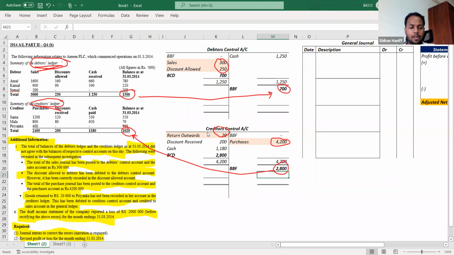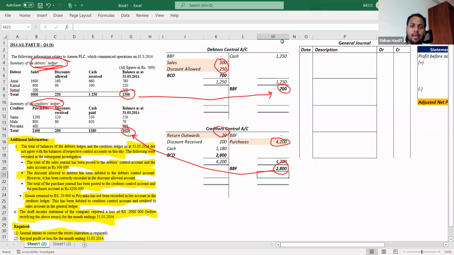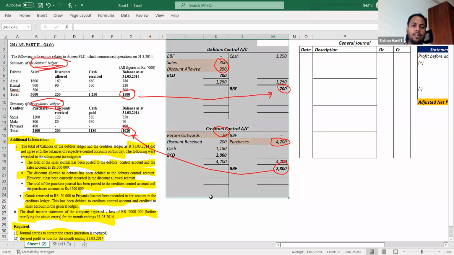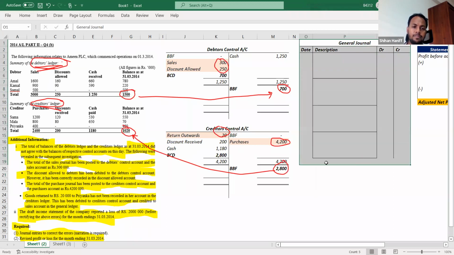Okay. Now let's do the correction. I did this part just for you to understand. The answer will be this general journal. Now only I'm going to write the answer.